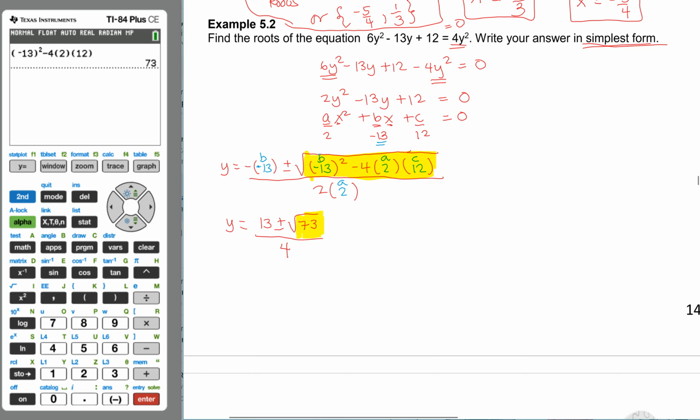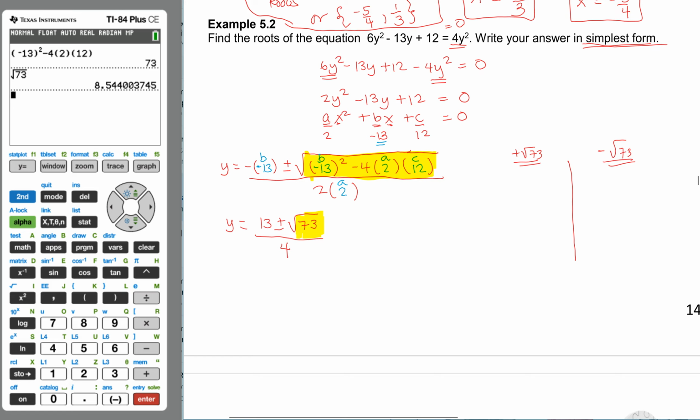So let's check if there is a square root of 73. Press enter. There is no square root for that, which means that we'll just leave it there. So let's now split this one into 2. You can have the plus square root of 73 and the minus square root of 73.